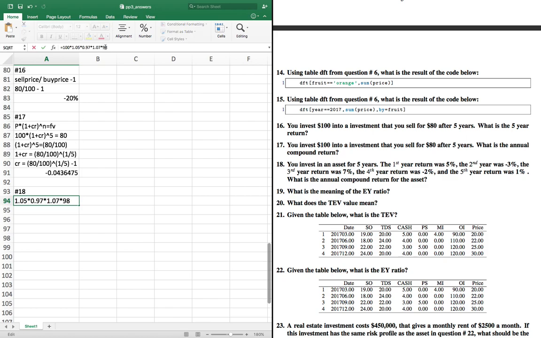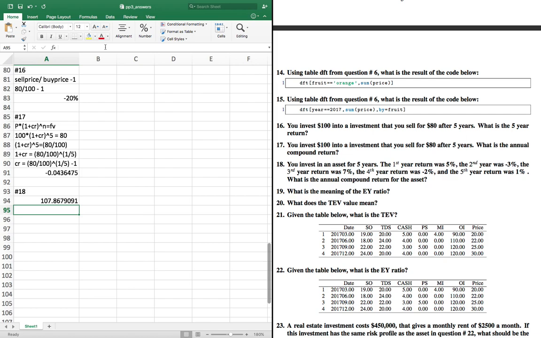Times 0.98. And finally, the last one, times 1.01. Right. So my final value becomes $107.86 or so. Whatever. So what's the annual compound return for this asset?